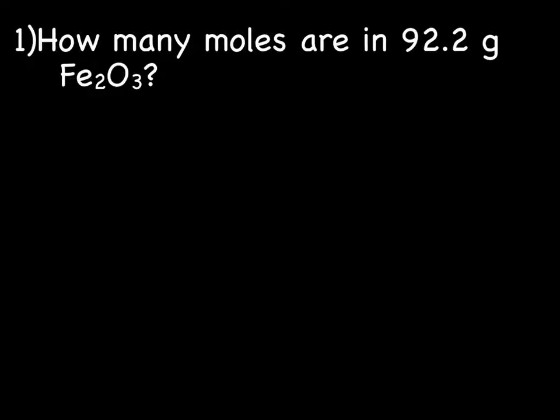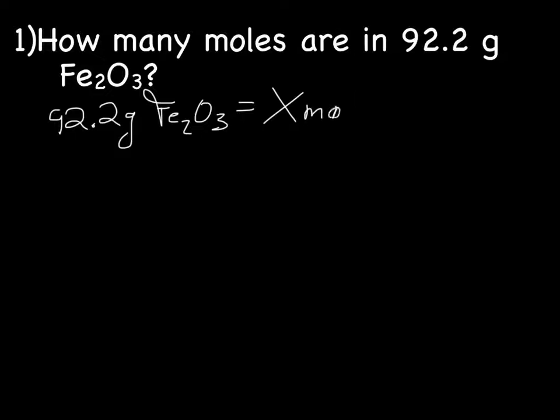Alright, so question number 1. How many moles are in 92.2 grams iron 3 oxide? So we'll start with our math problem. 92.2 grams Fe2O3 is what we know, and what we're wondering about is what that is in moles.